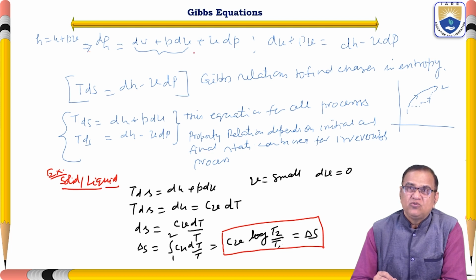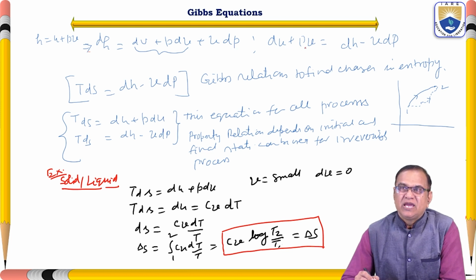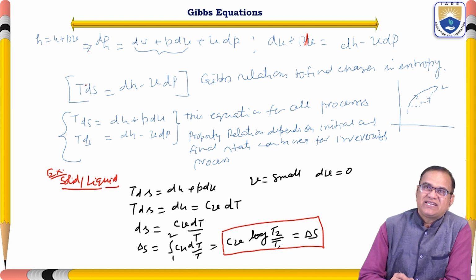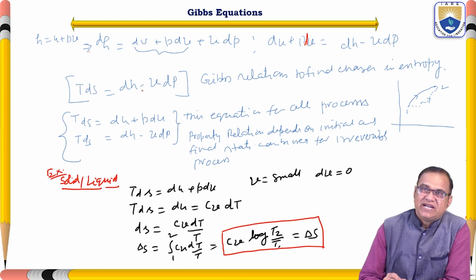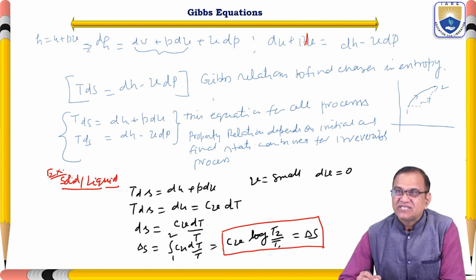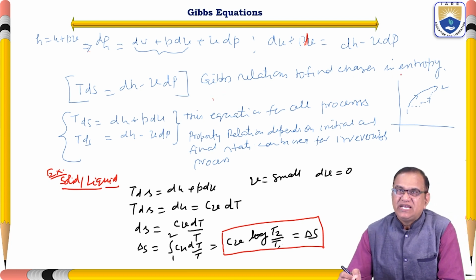So dU plus PdV, we can write as dH minus VdP. So here we get TdS is equal to dH minus VdP. This is called the Gibbs relation to find the changes in entropy.